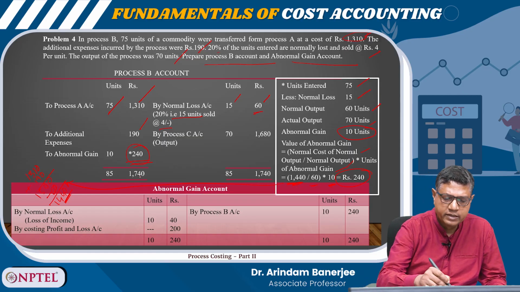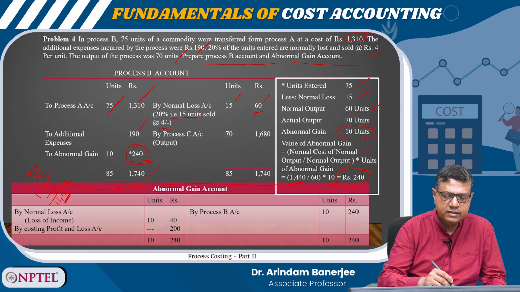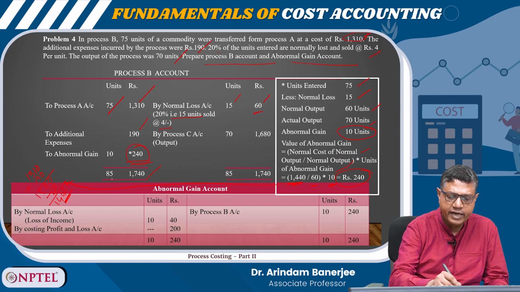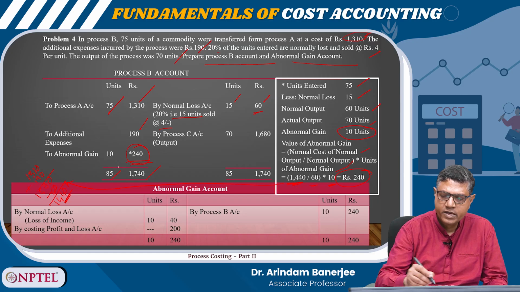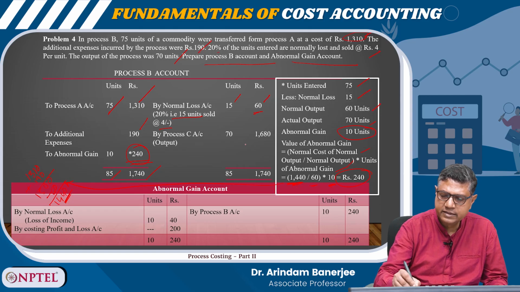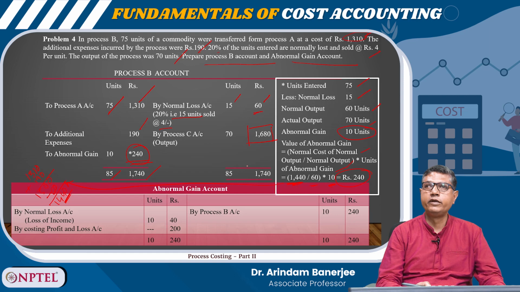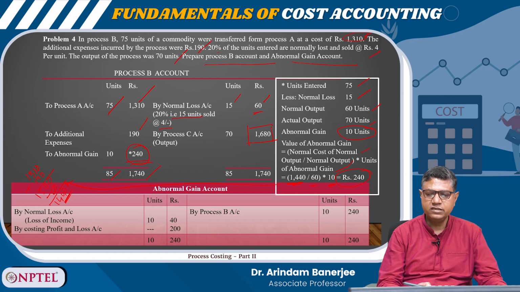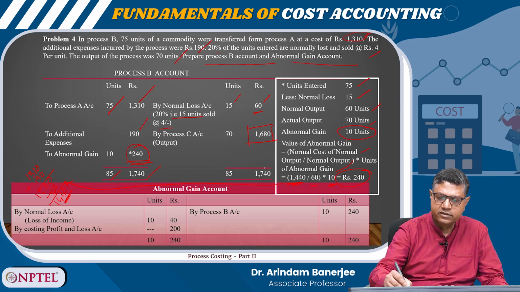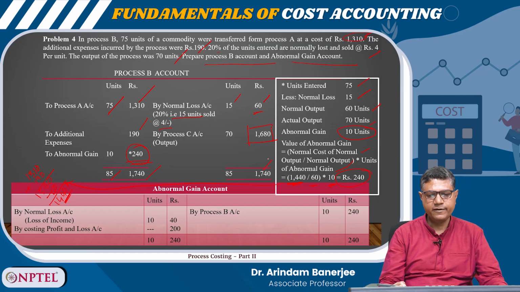So, when I am doing this, the total is coming 1740 on the left hand side for 85 units. The balancing figure is 1680, which is going to the next process, so 1680 and 1740. We can create an abnormal gain account.